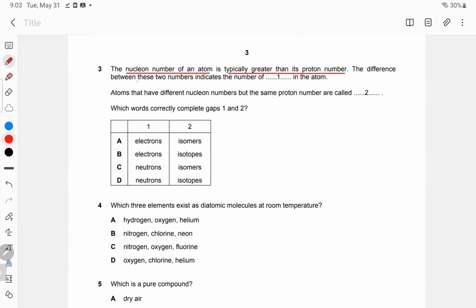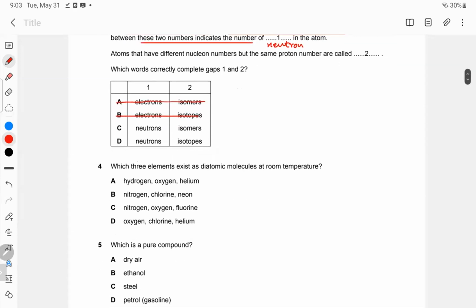The difference between these two numbers indicates the number of what? If we subtract the proton number from the nucleon number, we will get the number of neutrons. So A and B go wrong. Is this understandable to everyone?